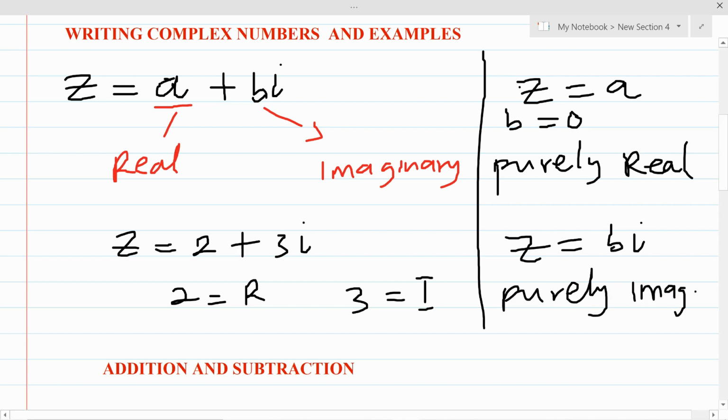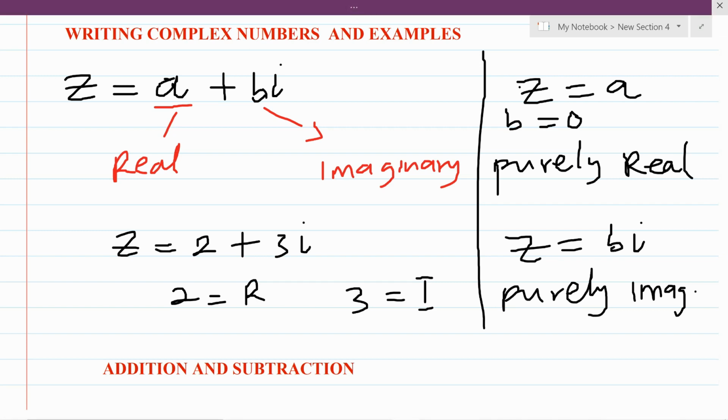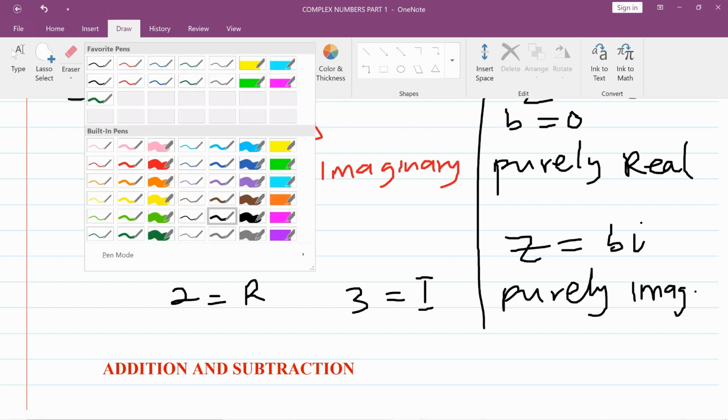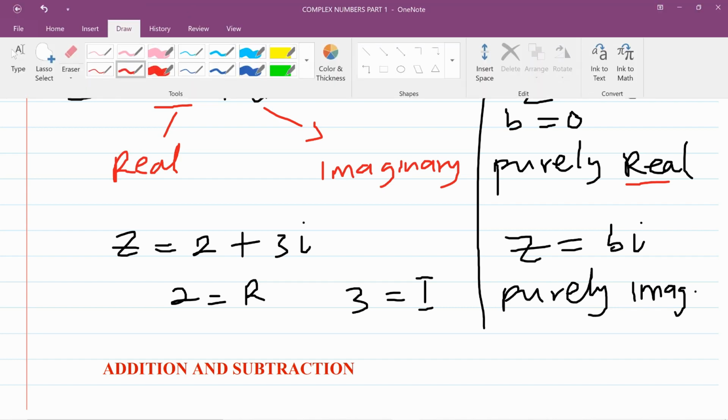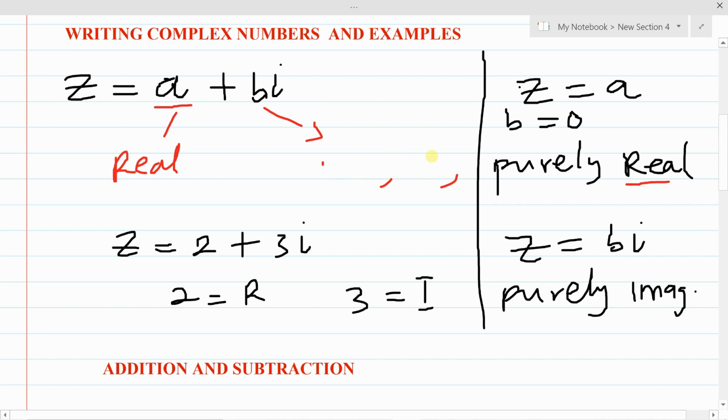Okay, so with this notation, with this side, the purely real side, this means that every real number is a purely real complex number. I hope you can see, because every real number is being represented as something like this. Let me erase some parts and write them.